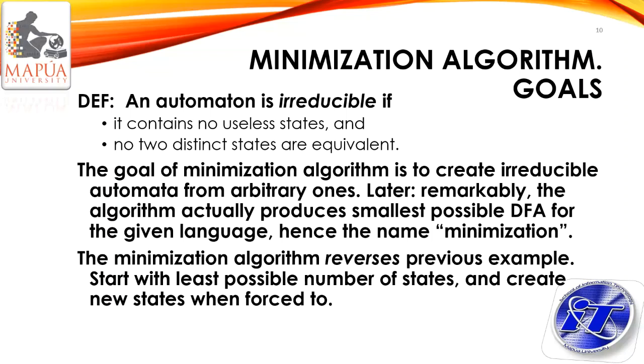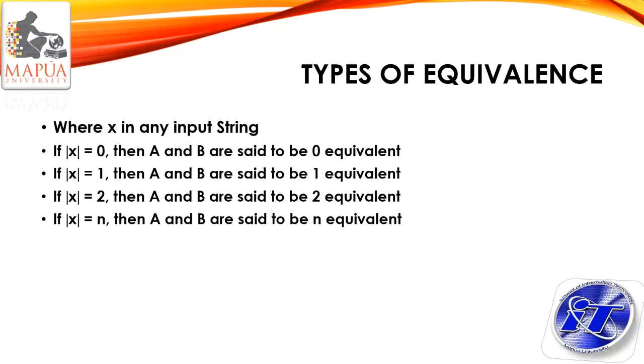Okay? And also in minimization of DFA, we have these types of equivalence based on the length of the string that we are comparing. So again, where x is any input string, if x is of 0 length, then A and B are said to be 0 equivalent.